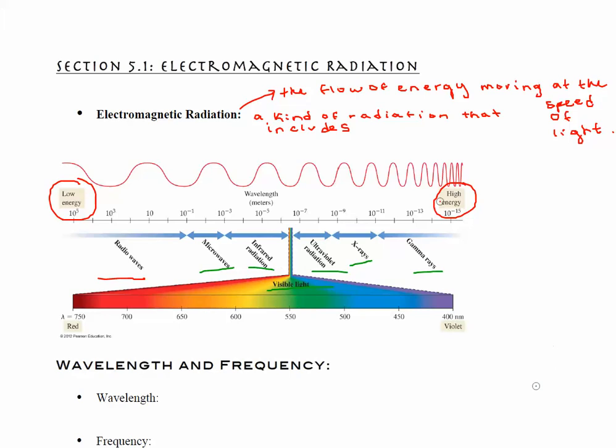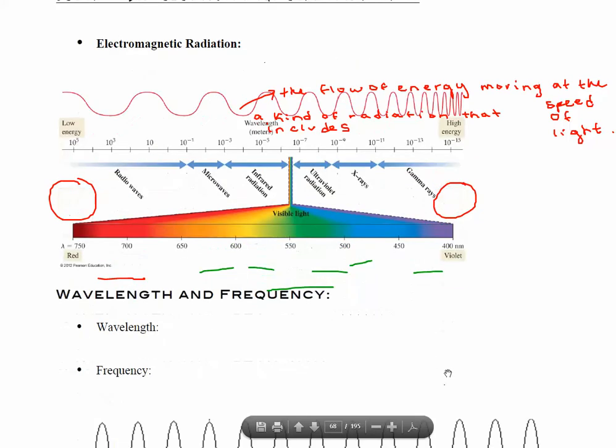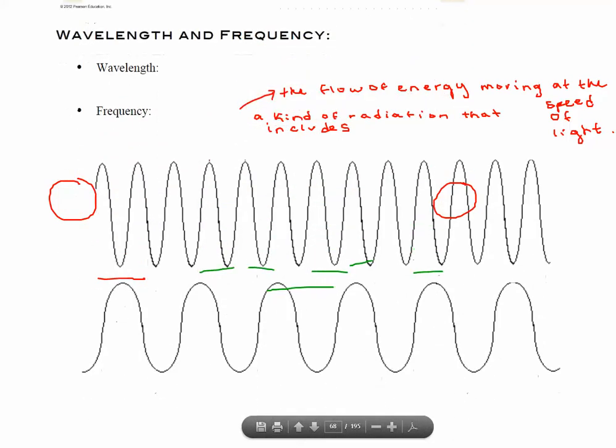All right. The next thing that we're going to be looking at is two other properties that we can define to describe the wave. And the first property that we're going to be looking at is wavelength. Now, wavelength is the distance between a crest of one wave to the crest of the other. So I'm actually going to scroll down for a second, and I'll write that definition for you guys. Okay.